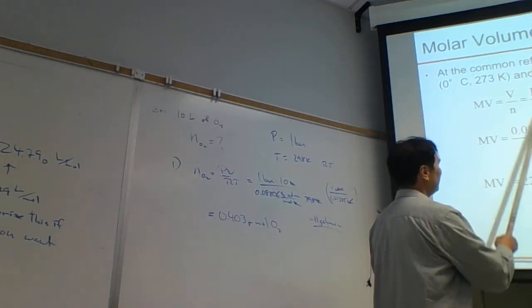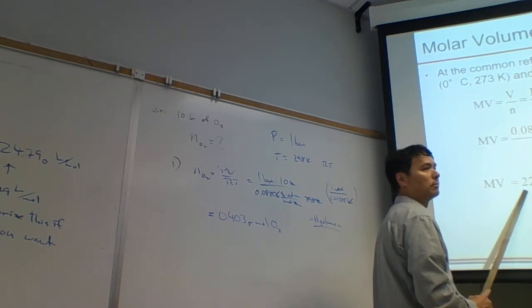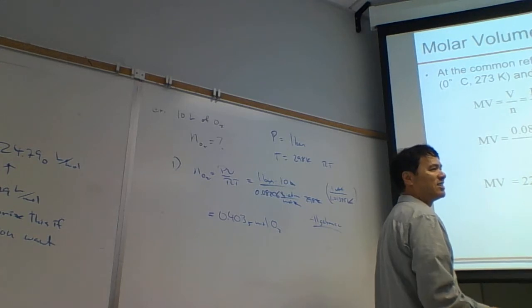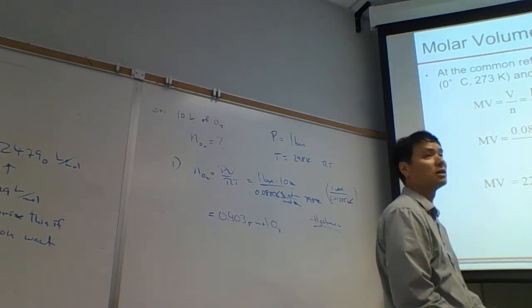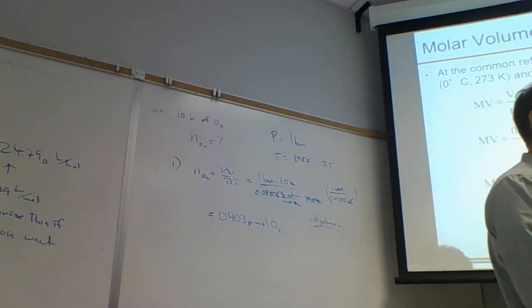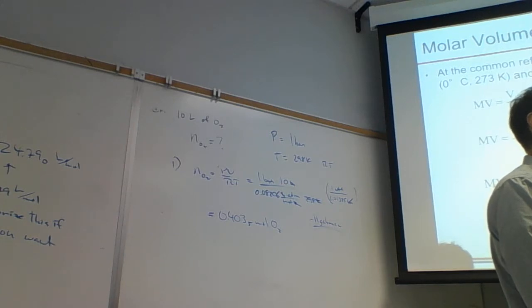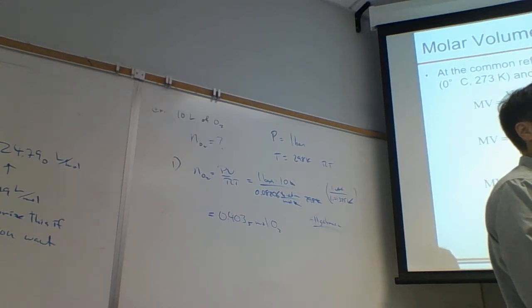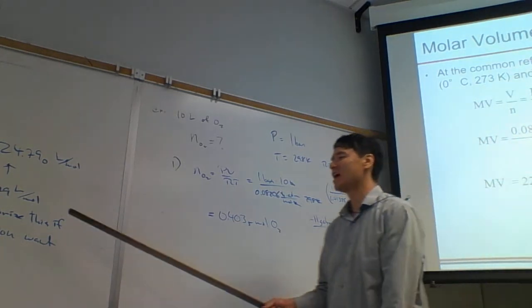Most instructors, including my Chem 4 instructor, asked me to memorize this number. I memorized it when we were using atmospheres. It's 22.4. When we switch to bars, it's 22.7. But still, this number is not very useful because of standard temperature. This number will save you time.